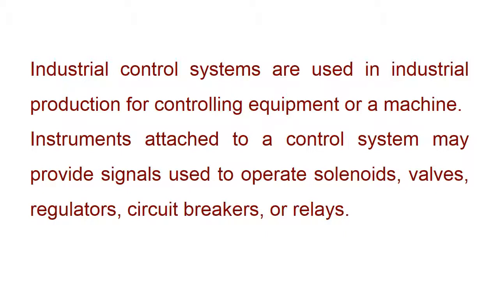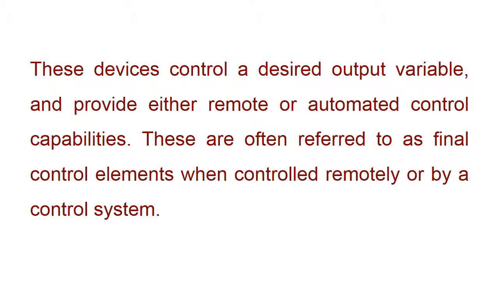Instruments attached to a control system may provide signals used to operate solenoids, valves, regulators, circuit breakers, or relays. These devices control a desired output variable and provide either remote or automated control capabilities.